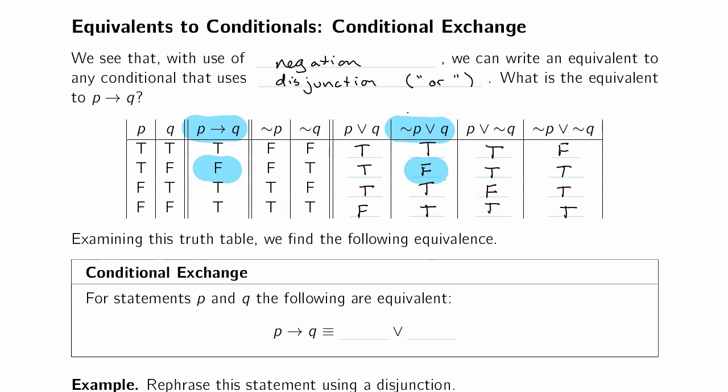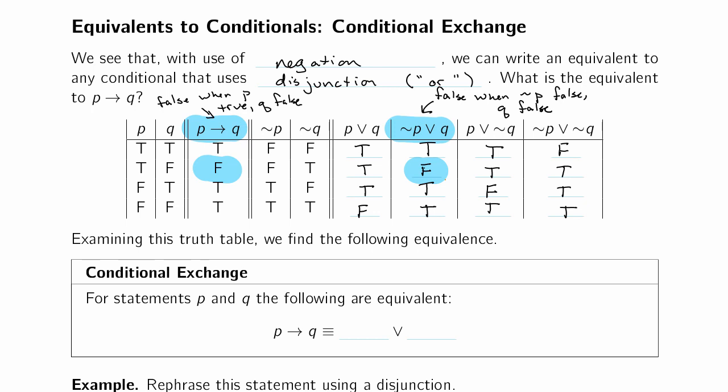And that makes sense. This statement is false when P is true and Q is false. And this statement is false when not P is false and Q is false.